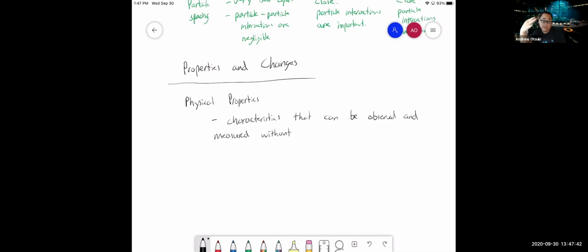So we say that's a physical change. The identity of the substance is the same, but the physical characteristic of it has changed. So without altering the identity of the substance.